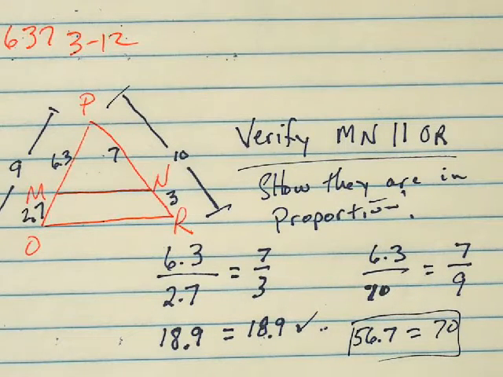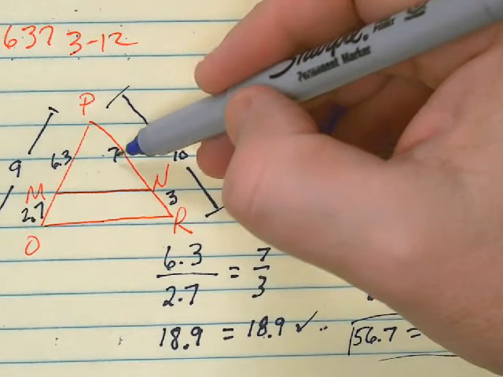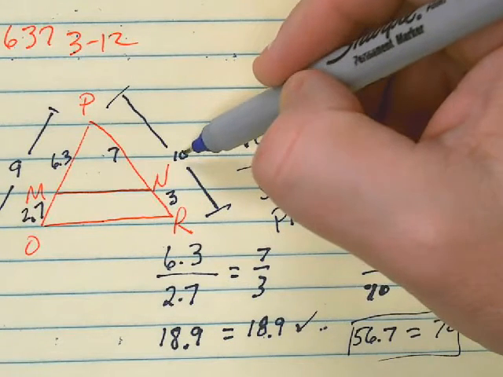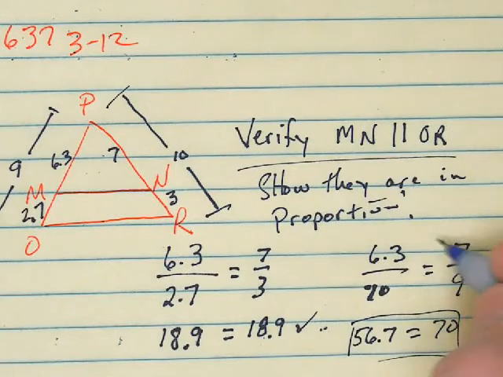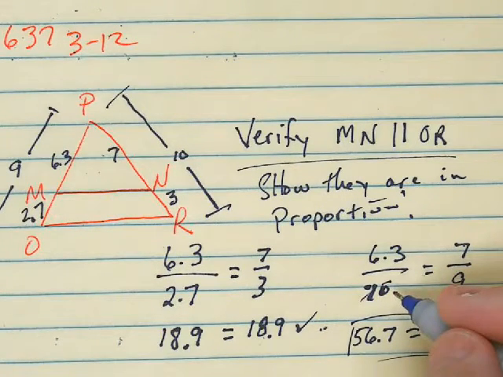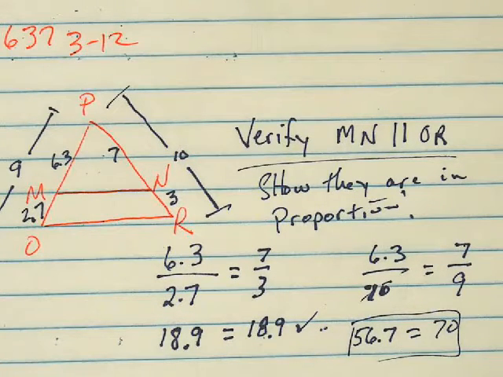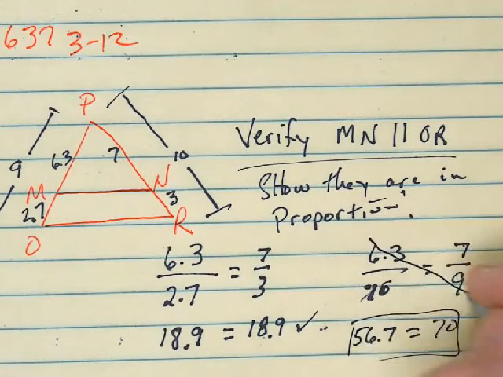No. What happened? Because we didn't compare the opposite sides. We were on the same side. See how we went 7 to 10? You have to make sure you're using the proper side. So this one doesn't work.